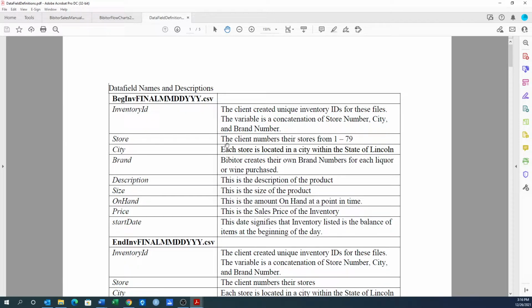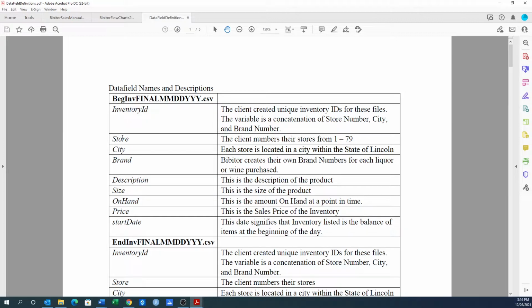There may be a city variable, where each store is located in a city within the state of Lincoln. Then brand description. None of these variables really look at anything that we want. What we are looking at here is this store variable, which could be very important when we're trying to figure out what my sales are by location.